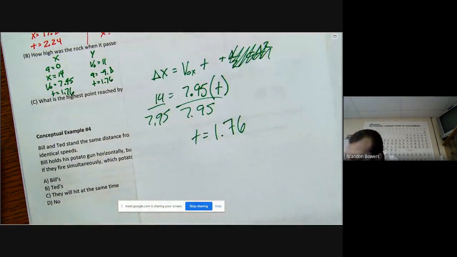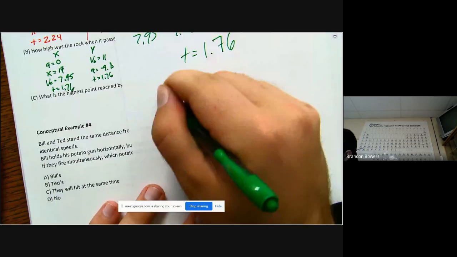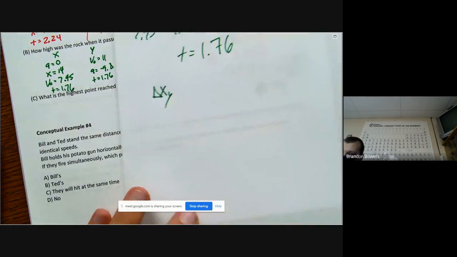Does that make sense so far? What I'm trying to calculate is how high the rock was when it passed the tree, so I'm solving for delta x in the y direction.